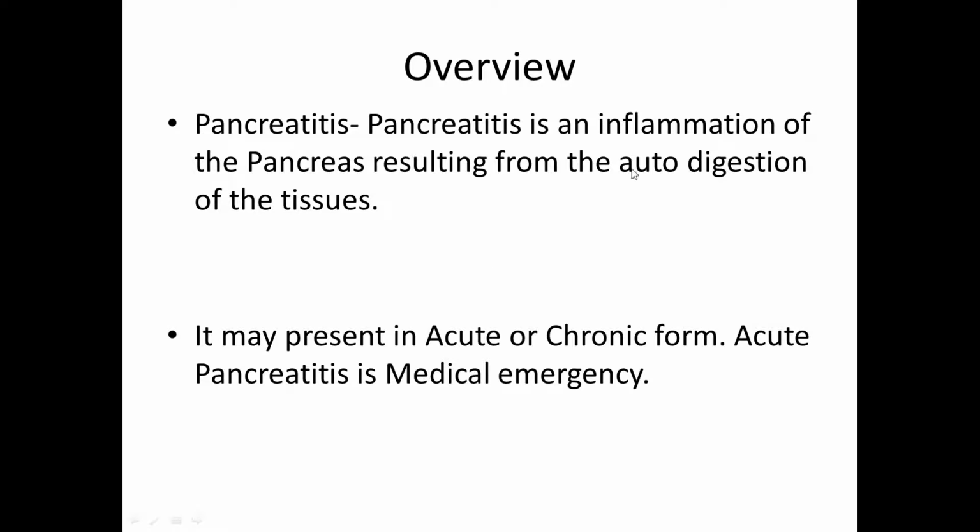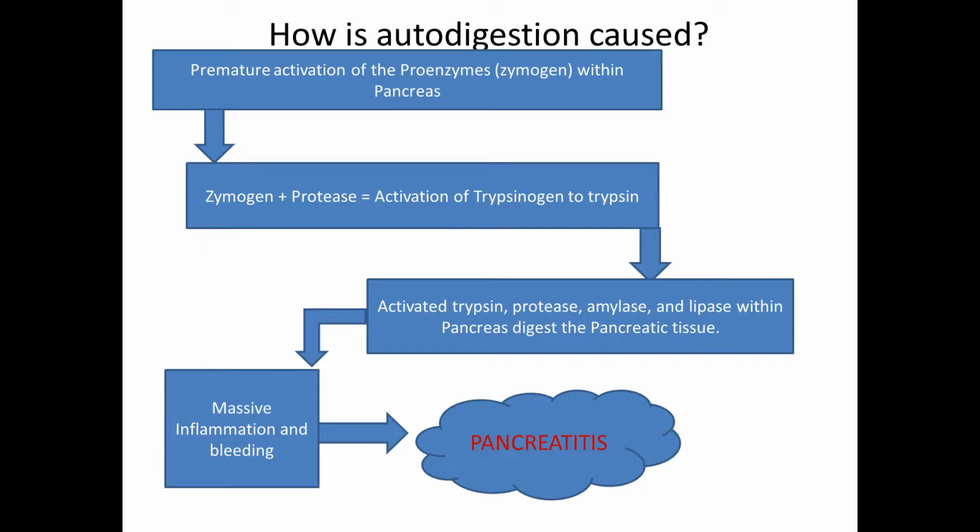This is known as autodigestion. We will be discussing more on autodigestion in the following slides. Pancreatitis may be present in acute or chronic form. However, acute pancreatitis is considered a medical emergency.